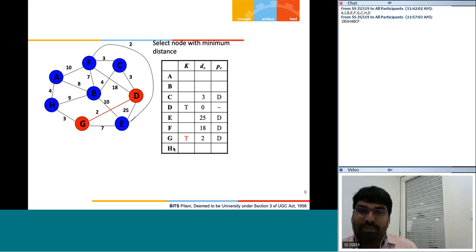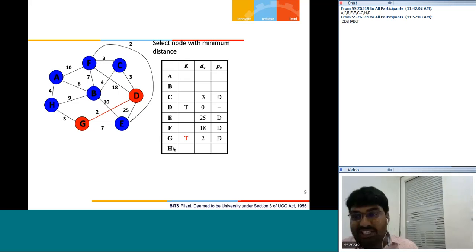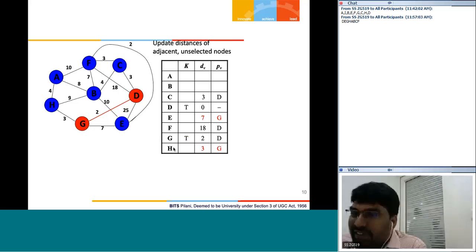Now, I have decided G. Now I wanted to update G's adjacent vertices, that is H and E. Have you observed anything at the E point? I have observed E's parent to be G and H's parent to be G. Two things I did. One more important thing.